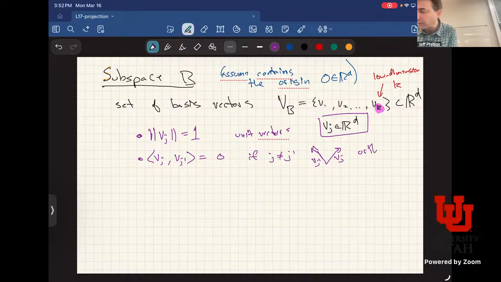So these are orthogonal. Okay, so I want them to be unit vectors. I want them to be orthogonal.